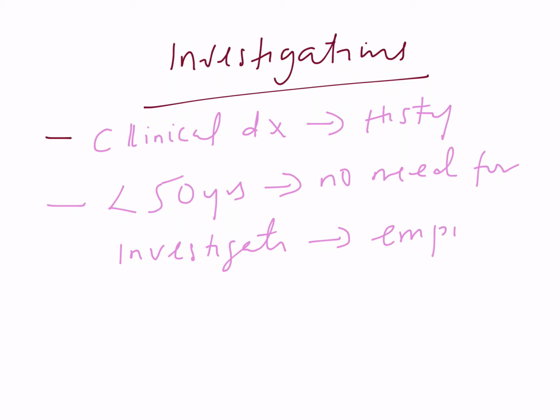Just do empirical therapy. In patients that are older, you do 24 hours intraluminal pH monitoring.